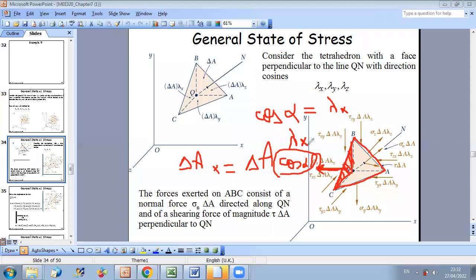And therefore, we can replace delta A of this face by delta A of the triangle ABC times lambda x.